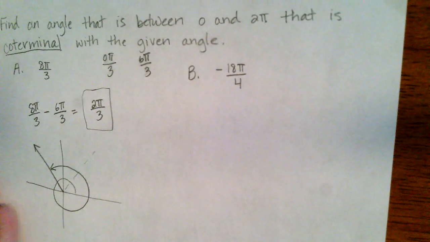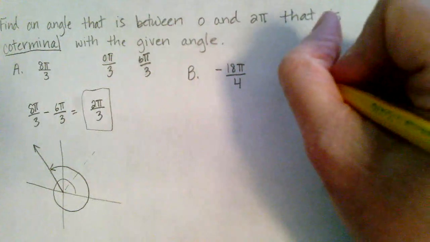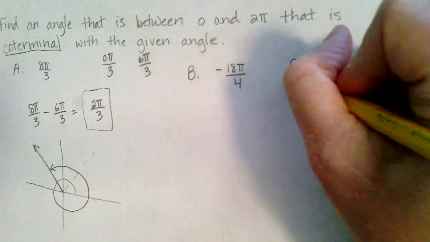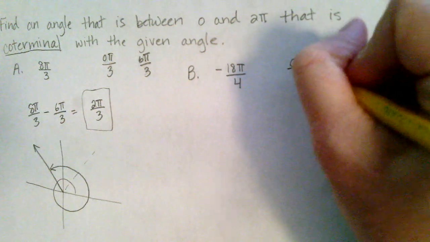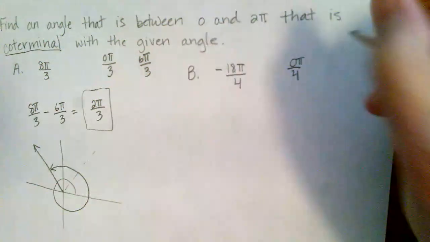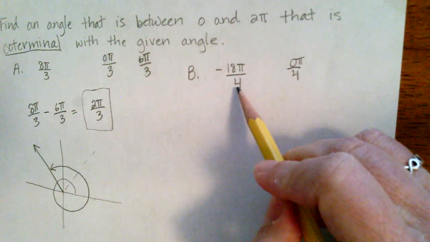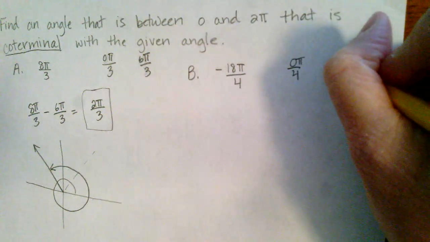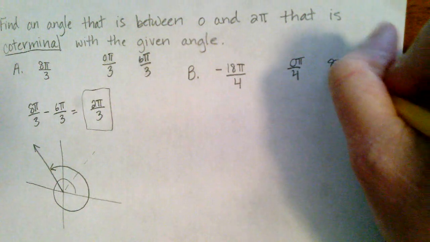Okay, letter B. This time we are looking for something between 0 pi over 4 and, my denominator being 4, I want to have 2 pi, so I'm doubling that, 8 pi over 4.